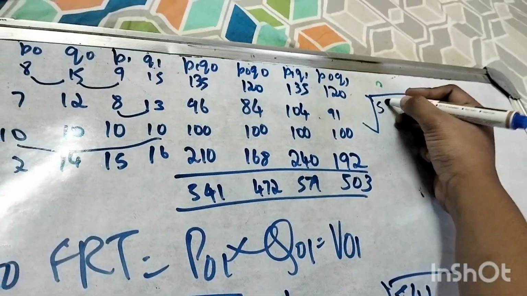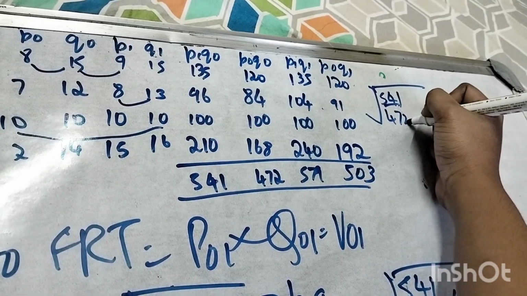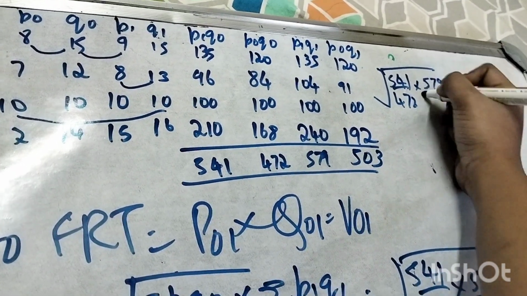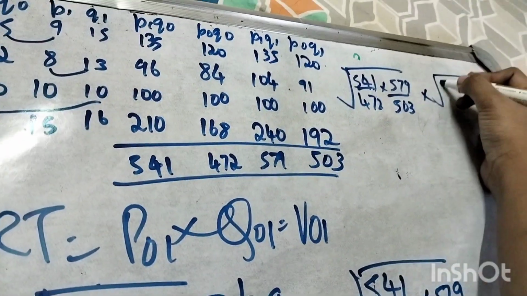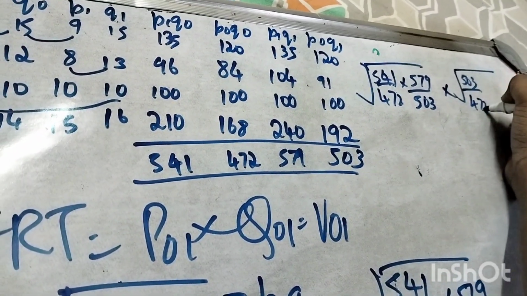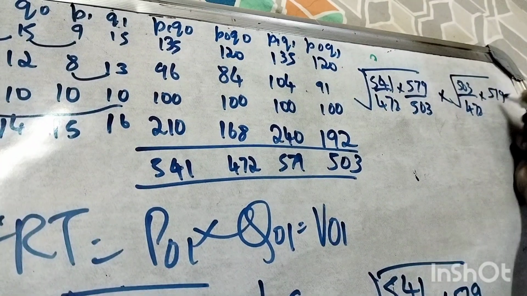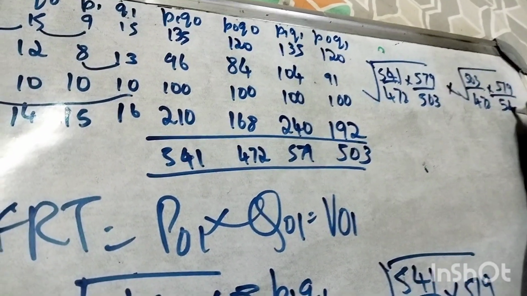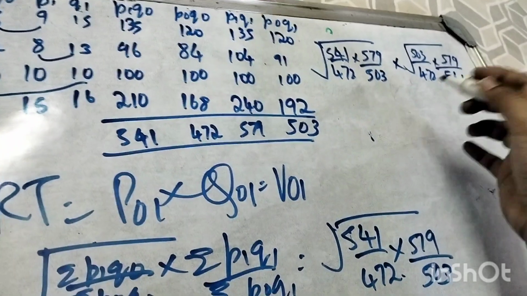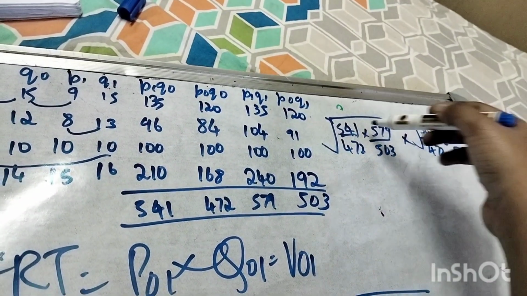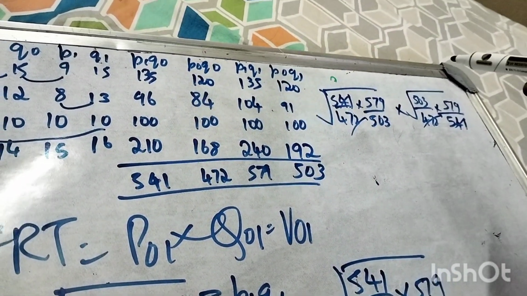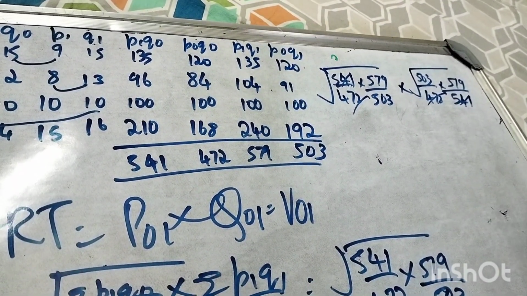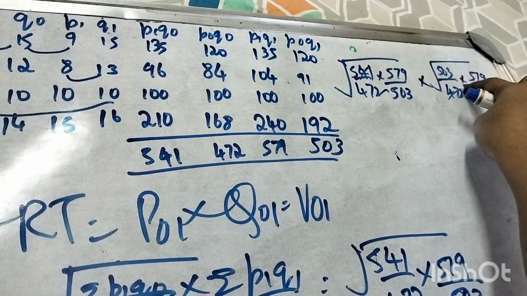You write these two again: 541, 472, 579, 503 into 503 divided by 472, 579 divided by 541. Here 541 gets cancelled. 472 does not get cancelled because both of them are in the denominator.